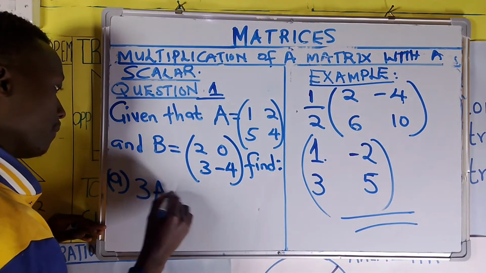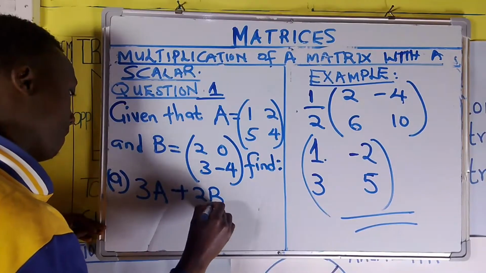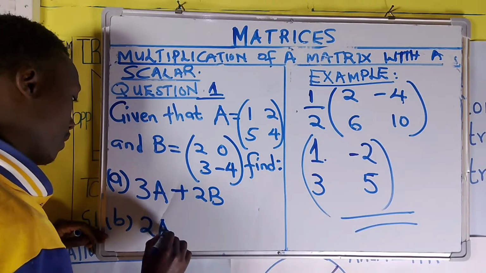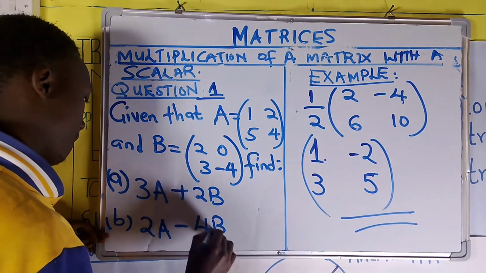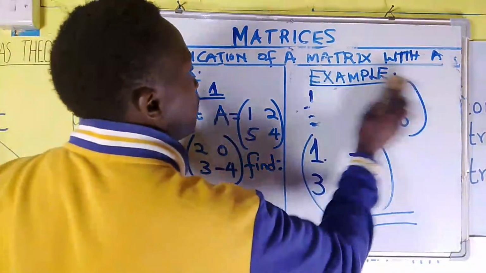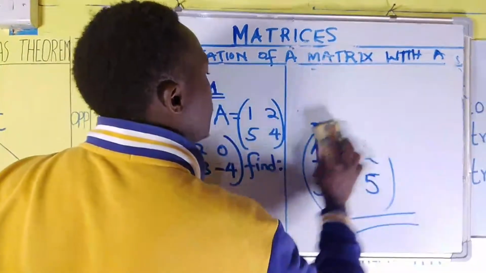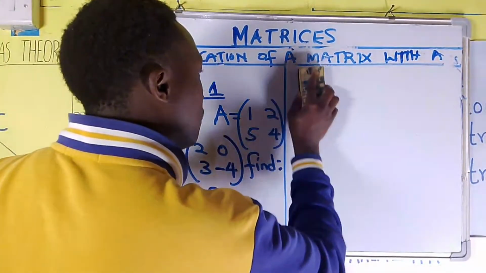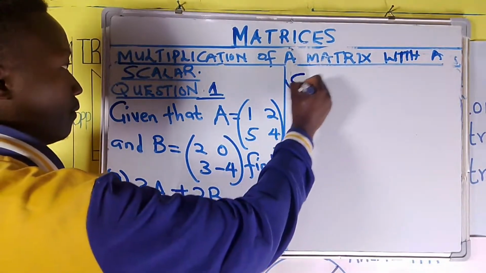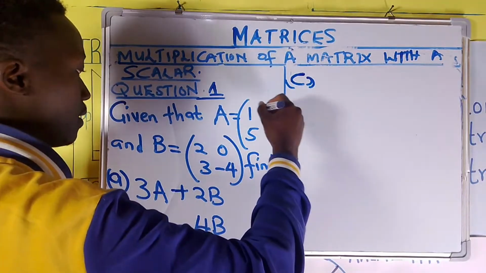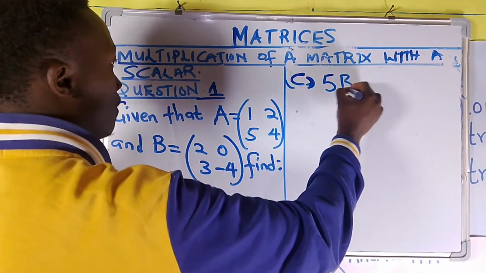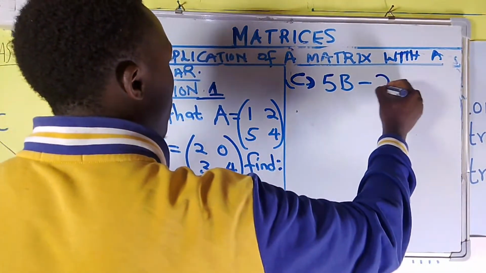3A plus 2B, B: 2A minus 4B, and C: 5B minus 2A.